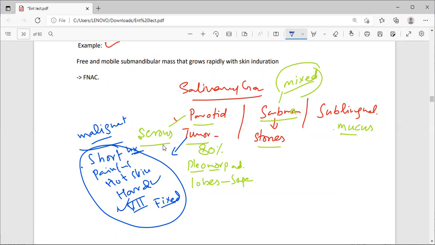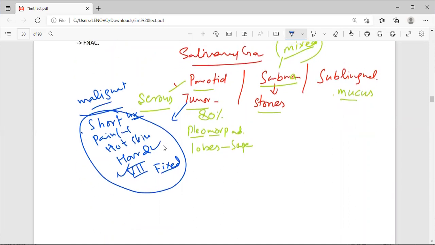Okay, now talking about the pleomorphic adenomas. Pleomorphic adenomas are benign. Okay, benign mostly, and they are mixed parotid tumors.